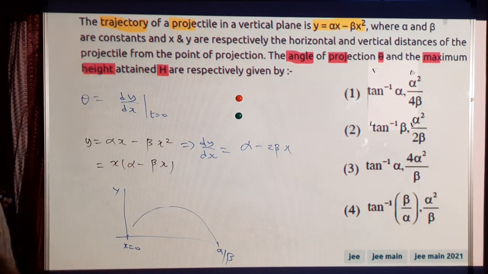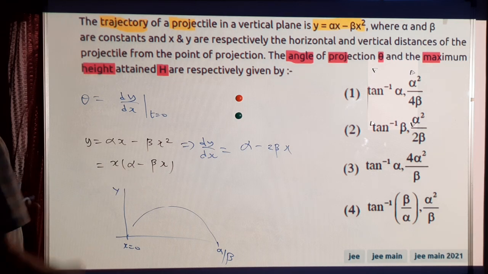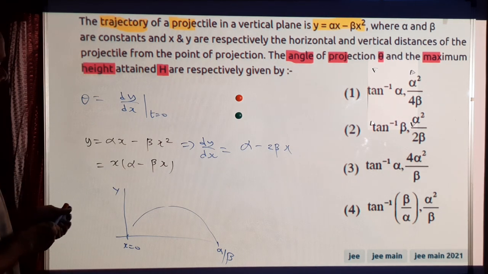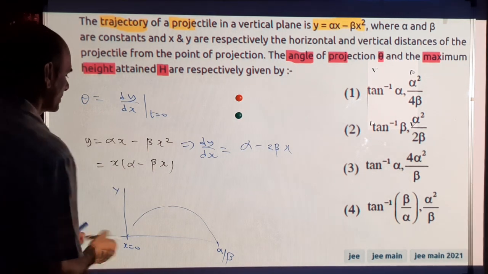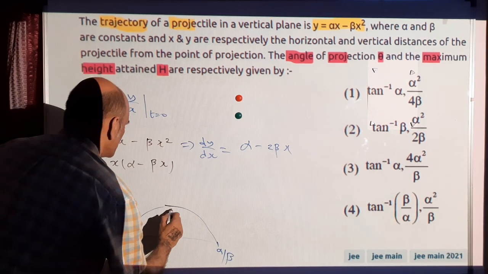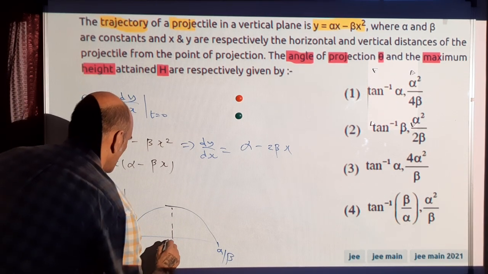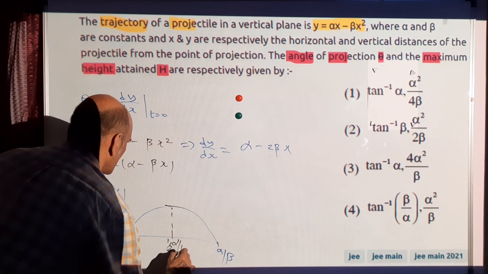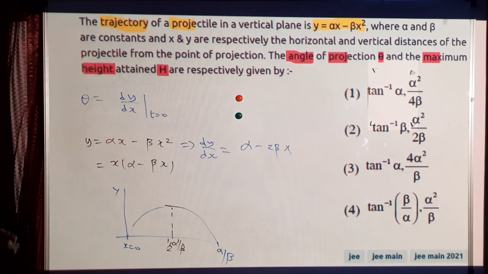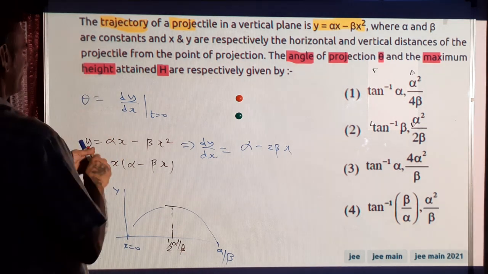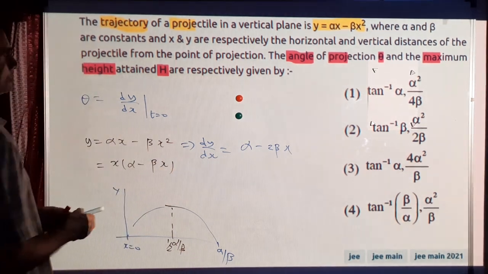So it is a quadratic equation with 2 roots, one is x equal to 0, the other one is x equal to alpha by beta. By symmetry, the maximum is at the middle point, which is half of alpha by beta.